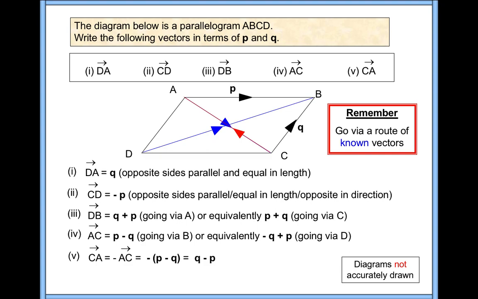See, I have drawn it with red line. You can see this red arrow indicates opposite direction with reference to vector AC. So with reference to vector AC, vector CA is in the opposite direction. So it will be negative of vector AC. So negative of vector P minus Q.